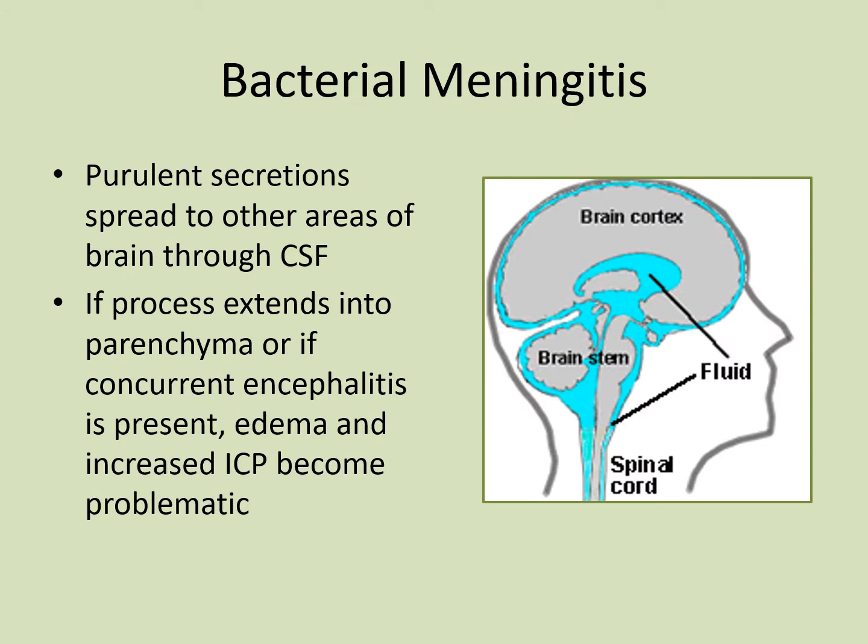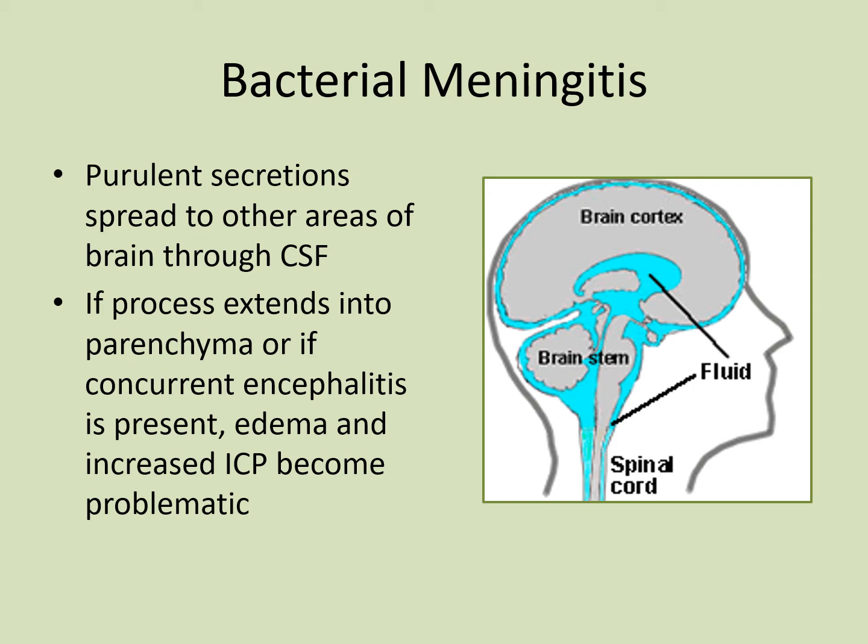In bacterial meningitis, we have purulent secretions spread to other areas of the brain through the CSF. The CSF is what we see in the picture in blue. That's where we find all of the CSF in a normal central nervous system. However, that is how it spreads to other areas of the brain.